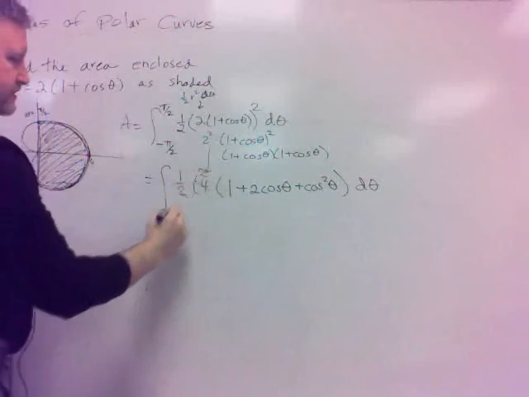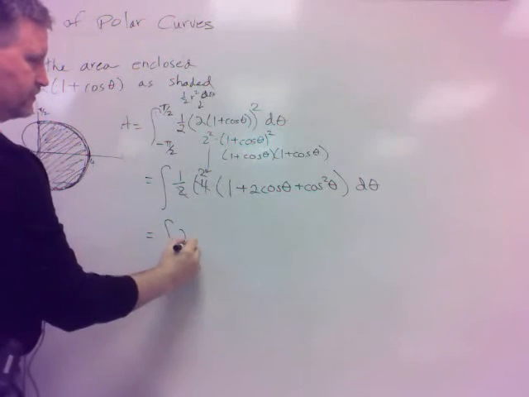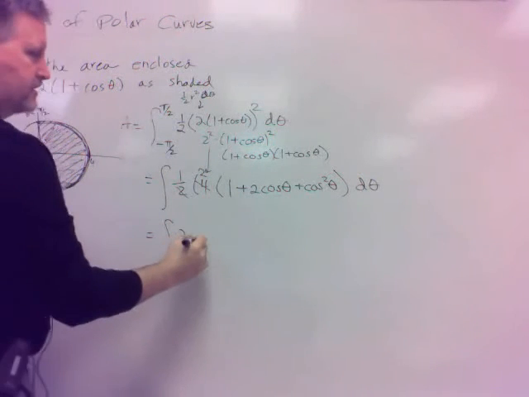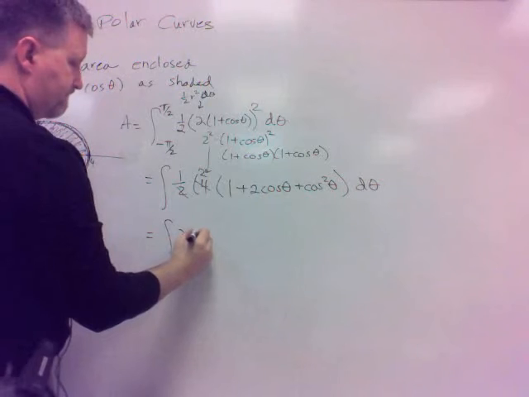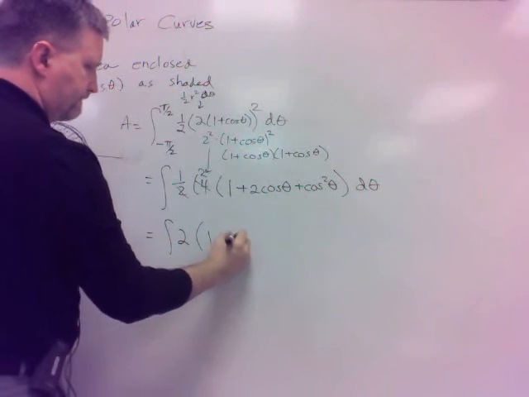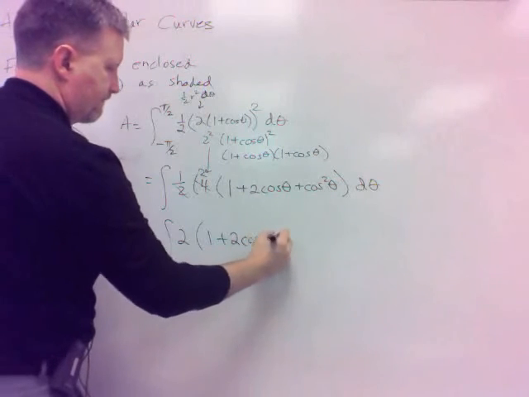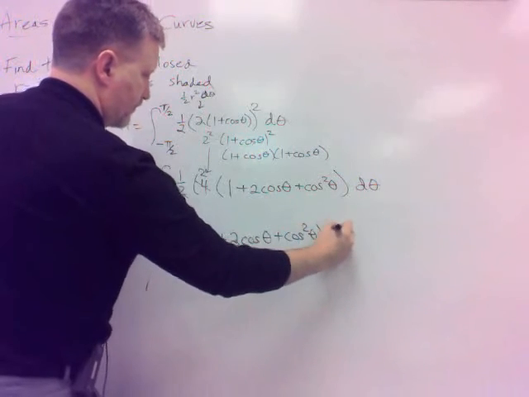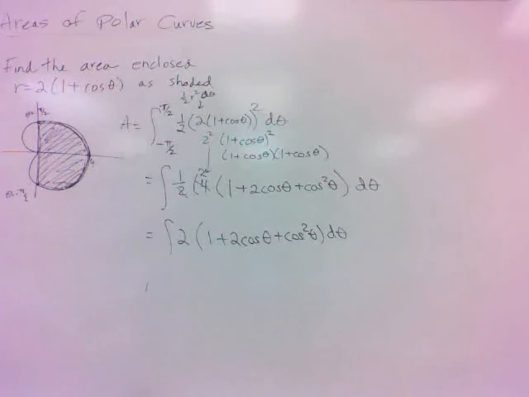And I can cancel that, so that's just 2. So I've got the integral of 2 times 1 plus 2 cosine theta plus cosine squared theta, from negative pi over 2 to pi over 2.